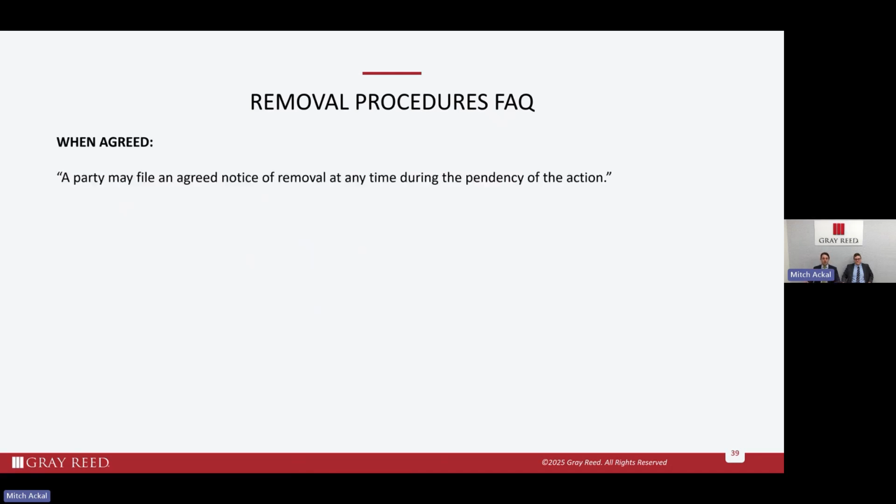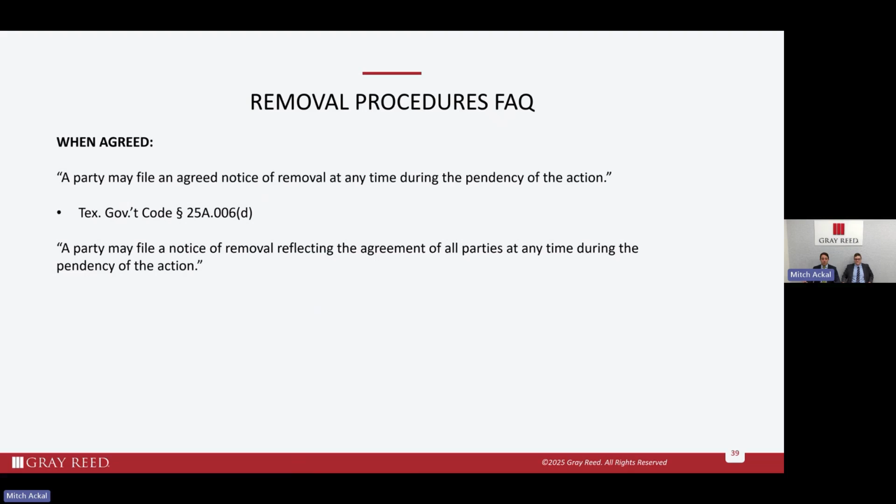When you have an agreement, the statute says a party may file an agreed notice of removal at any time during the pendency of the action. Party may file a notice of removal reflecting the agreement of all parties at any time during the pendency of the action. That's the concomitant Texas Rule of Civil Procedure. So we're asking questions like, okay, well, even during trial.